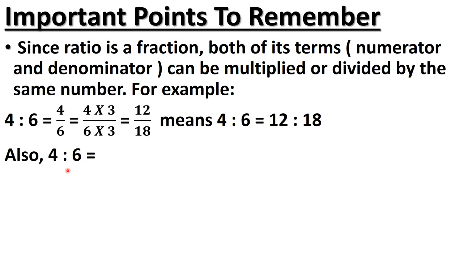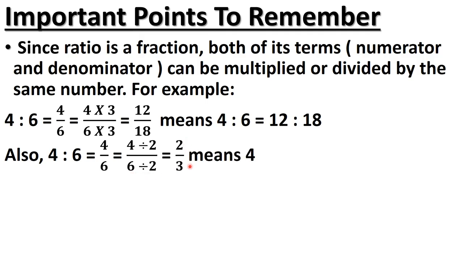Now see how we will divide it. 4 ratio 6 is 4 upon 6. We are dividing 4 by 2 here, and here also we will divide 6 by 2. So our answer is 2 upon 3. Means 4 is to 6 is equal to 2 is to 3. Understood?